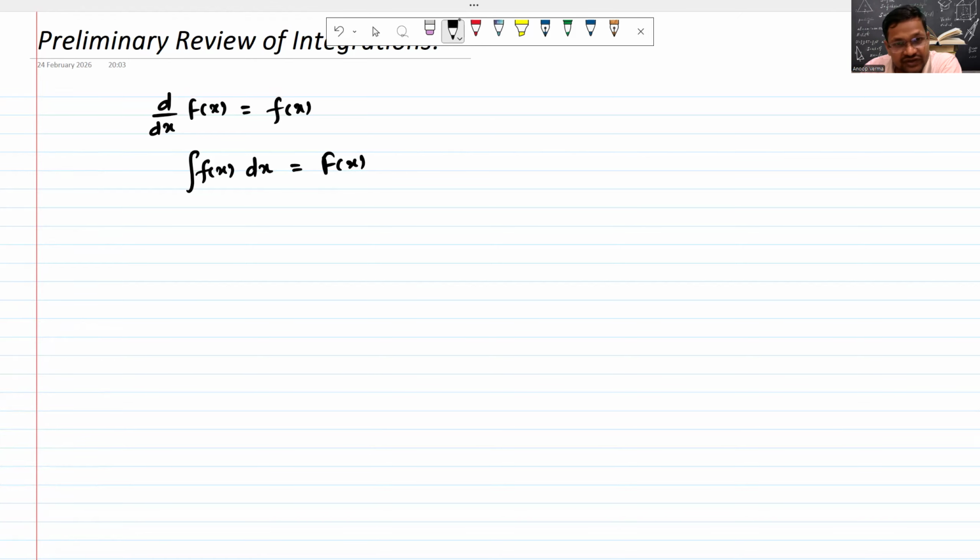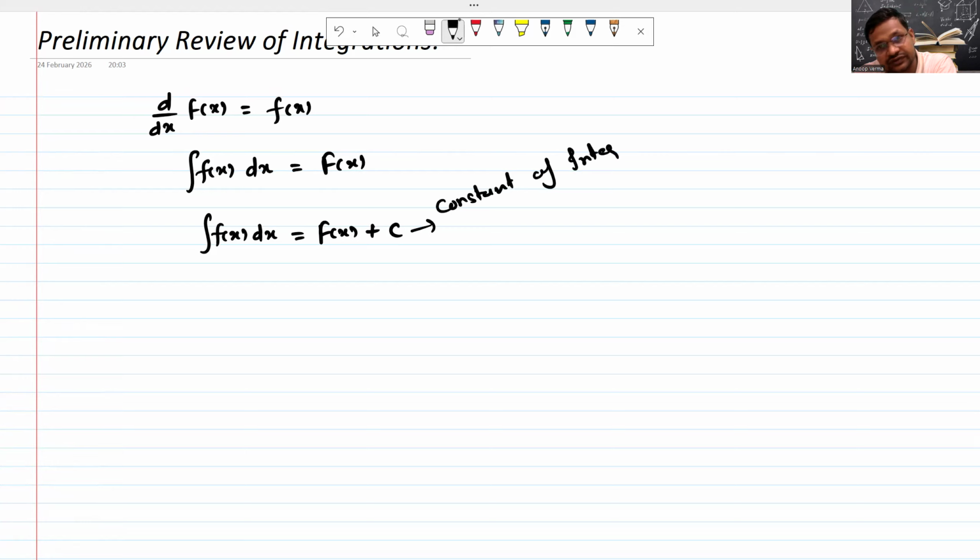Okay, so if we just integrate this f(x), you will get capital F(x) plus c. So c is called the constant of integration, because if we differentiate a constant, we will get zero. So we know that if you differentiate this F(x), you will get small f(x).